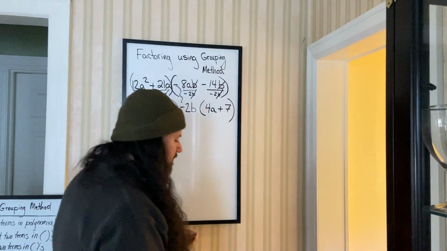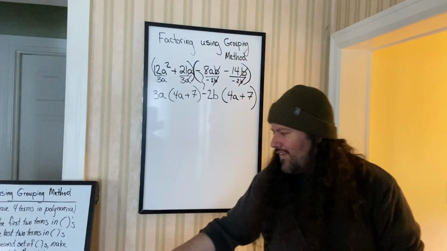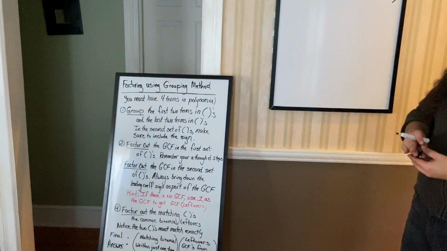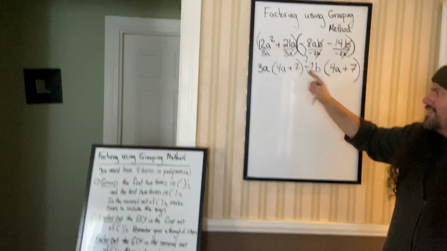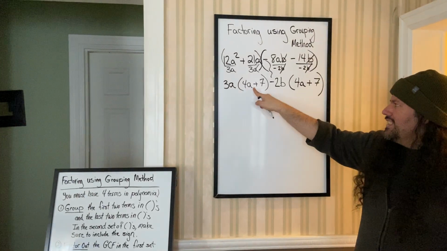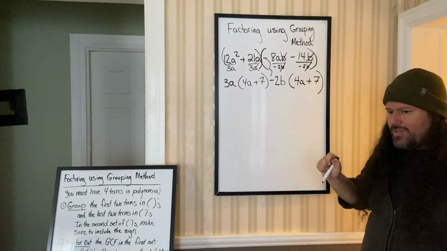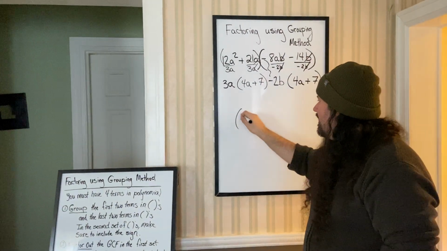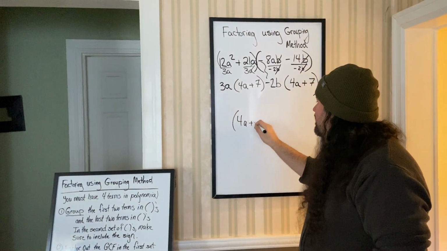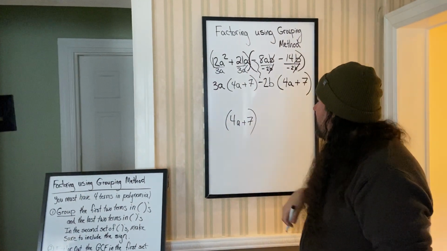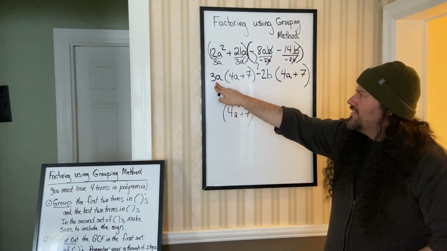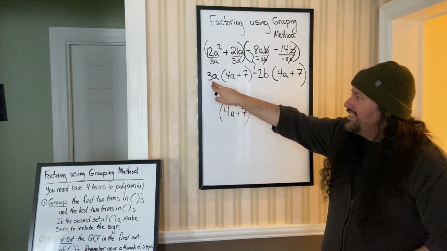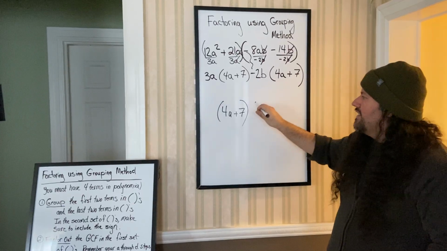Once you see these parentheses match, this is where we can do our final fourth step. Factor out these matching binomials. Remember, these will become just one set of parentheses. The 4a plus 7. And then the second set of parentheses is going to be the leftovers, or the GCF that we found in step 2 and step 3 here.